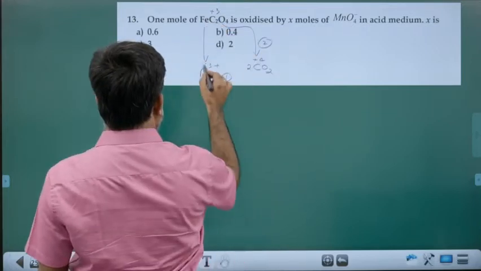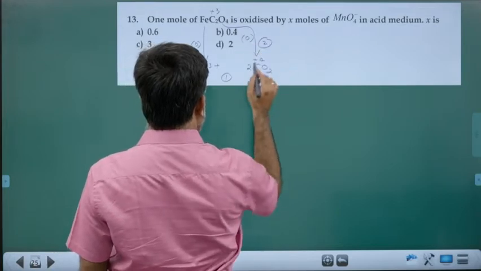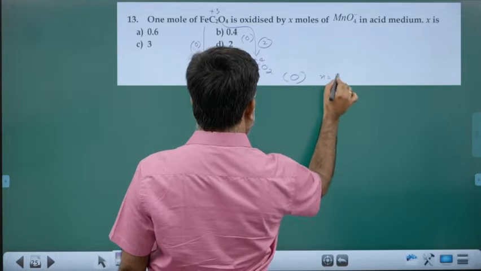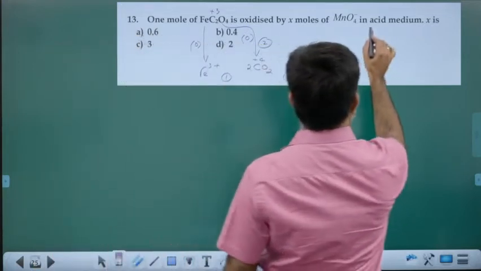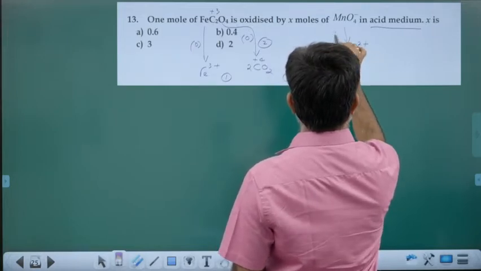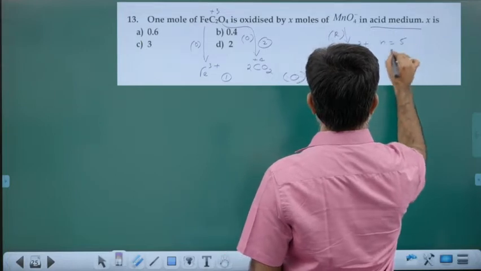So this is oxidation, N factor 1, and this is also oxidation, N factor 2. So the total oxidation N factor is 3. While permanganate in acid medium will be converted to Mn2+, that is reduction, where the N factor is 5.